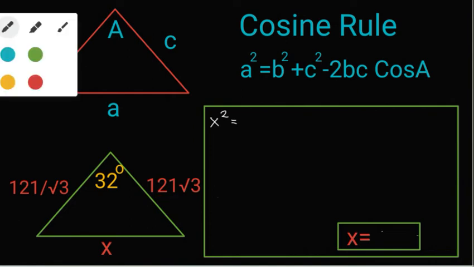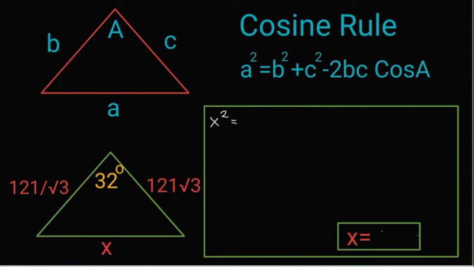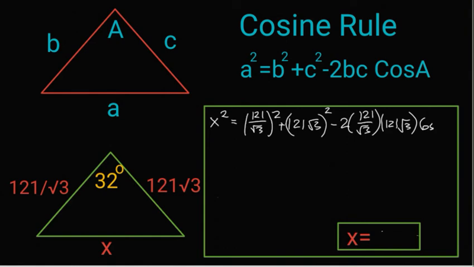So let's substitute everything in and work it out. x squared is equal to (121 over the square root of 3) all squared, plus (121 root 3) all squared, minus 2 by 121 over root 3 by 121 root 3 by the cos of the angle in the center, which is 32 degrees. So everything works out on the right hand side to be 23970.78.